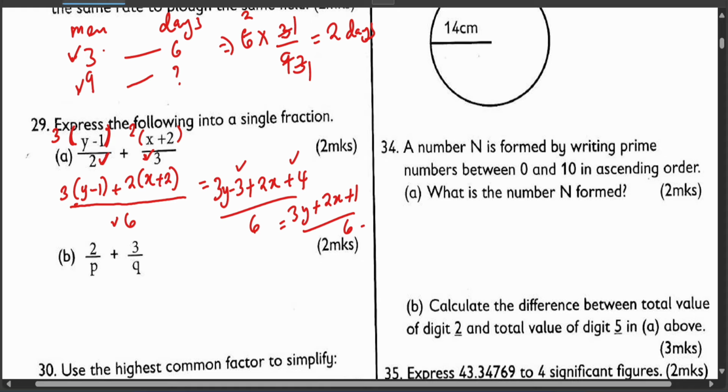So the LCM is pq. Again the same thing, q you multiply here, and this p you multiply here. So 2 times q is 2q plus 6 times p which is 6p. And that's your answer.